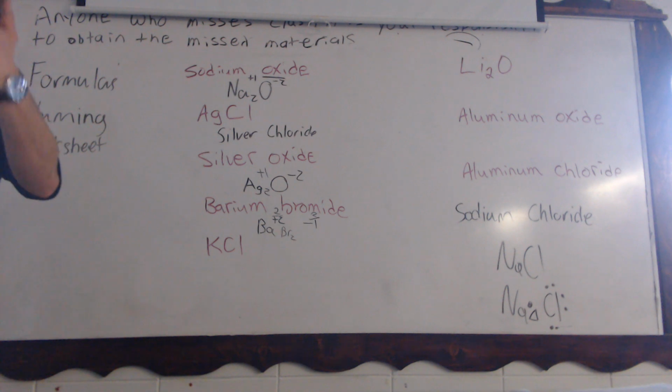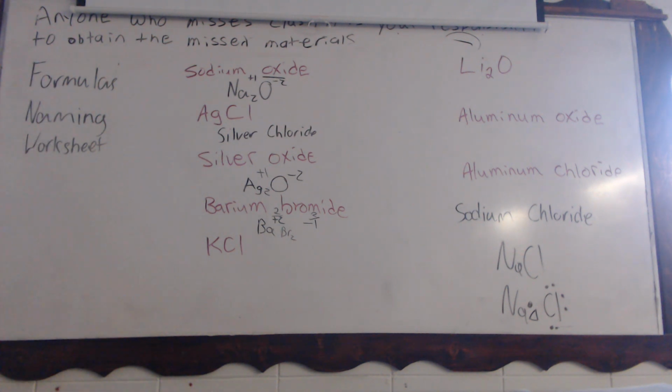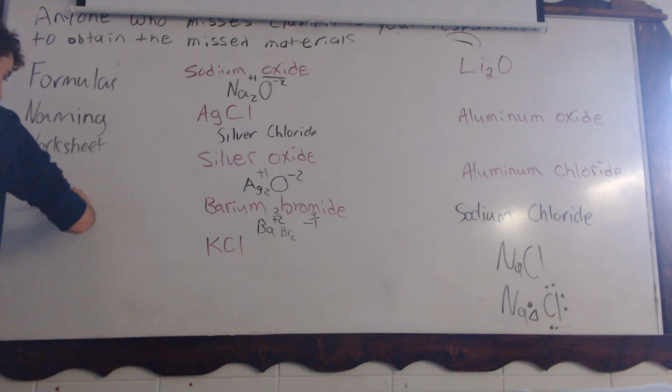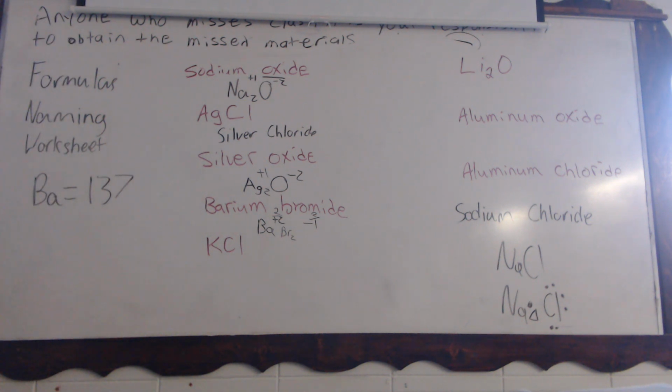I'm going to add one more step onto the game: atomic masses. What's the atomic mass of barium, Ba? I'll write it over here so I have more room. It has 137 for its atomic mass.